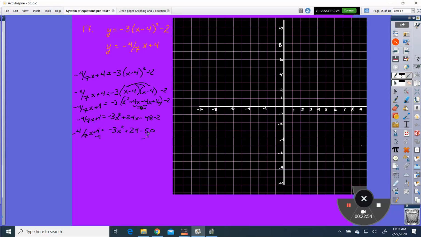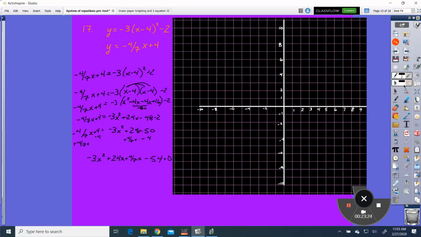I need it to be equal to 0. And I'd add 4/7 x to this. So I'd have negative 3x squared plus 24 and 4/7 x minus 54. Then you have to deal with this seventh stuff in the middle equals 0, and you'd have to factor or use the quadratic formula.